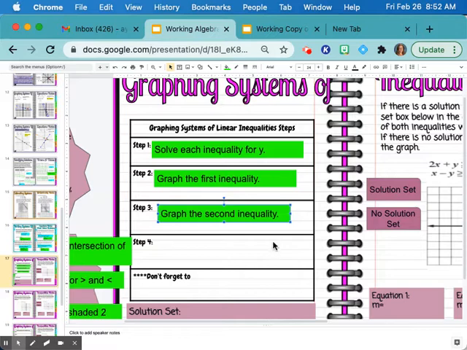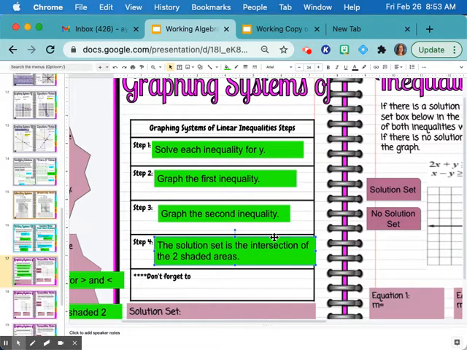And so you're going to look for the intersection of the shaded areas. So there may be an overlapping, and that will be your solution set. The solution set is the intersection of the 2 shaded areas. So you're looking for where it is shaded twice, and that is your solution set.